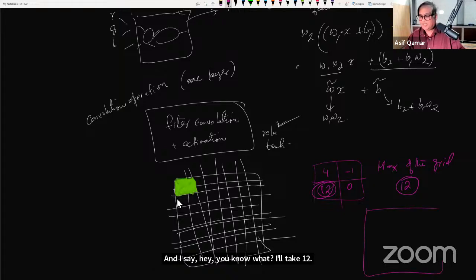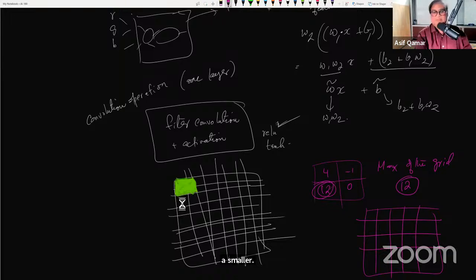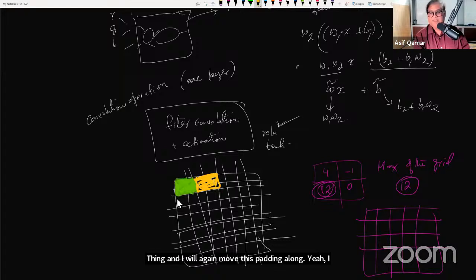I'll create a smaller thing, and I will again move this padding along, and then I can take another padding here. And from each of these, I pick the biggest of them. Does that make sense? Guys, am I making sense?